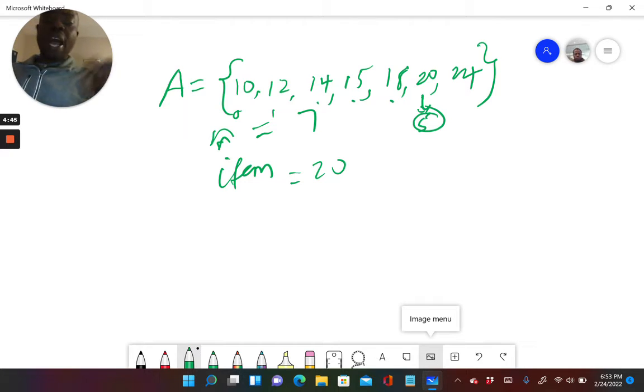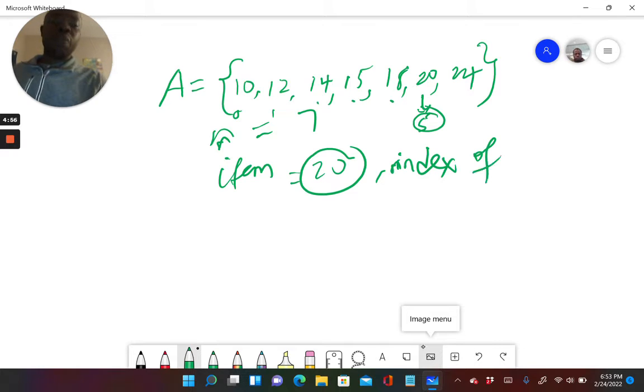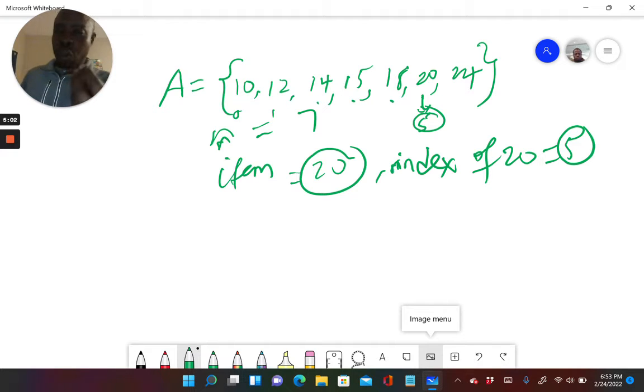So the element I am looking for here is item number 20, and the index of 20 is 5. Don't forget, you start indexing from 0.